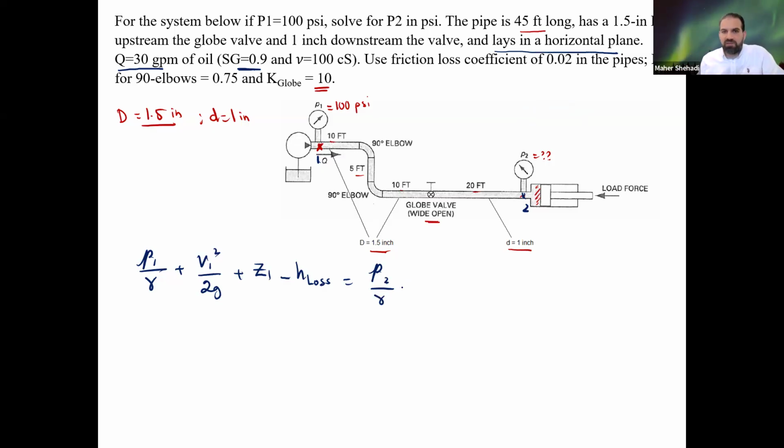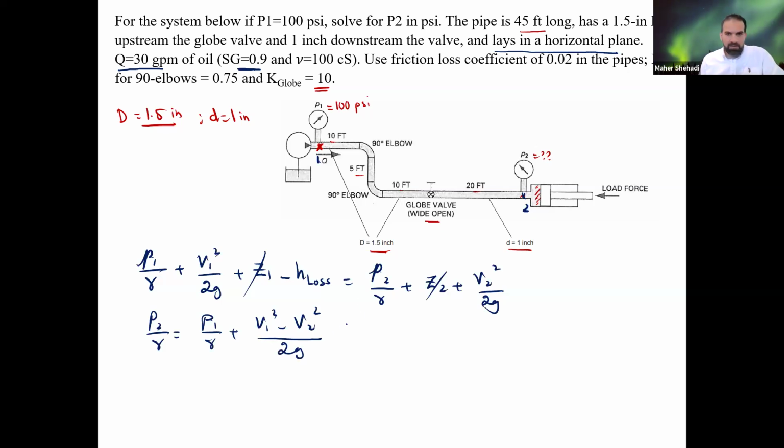So that equals P2 over the specific weight plus Z2 plus V2 squared over 2g. Z1 and Z2, I'm going to cross these. I have P1, I need to solve for P2. So P2 over gamma is P1 over gamma plus V1 squared, I'll bring V2 to the other side and combine them together, minus the head loss for the whole system.